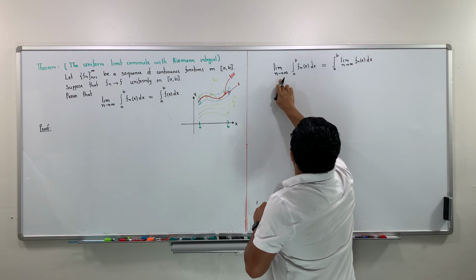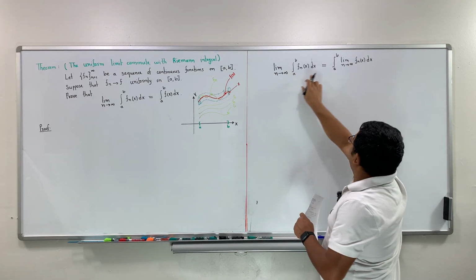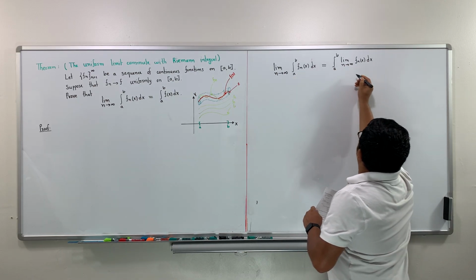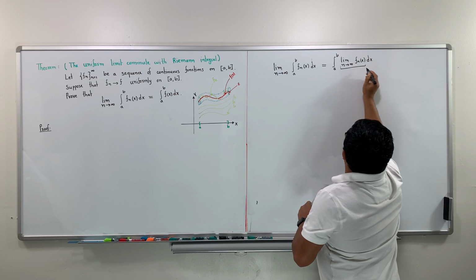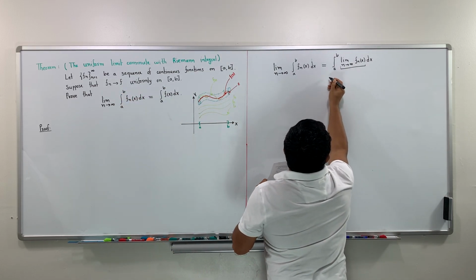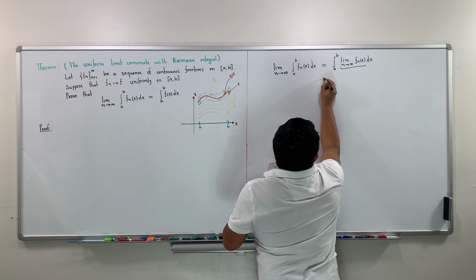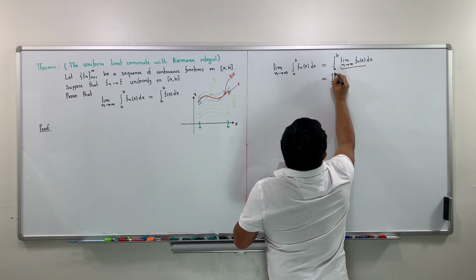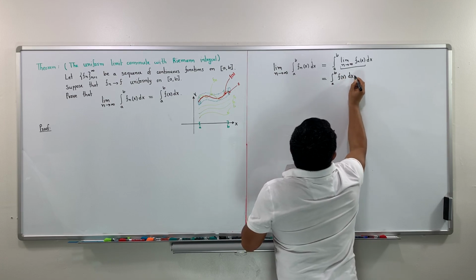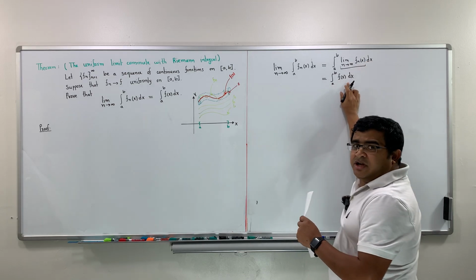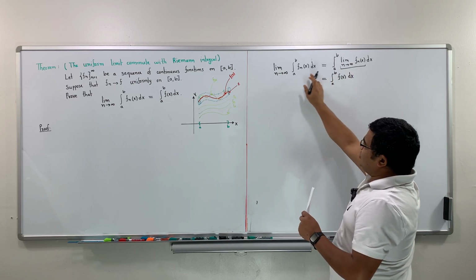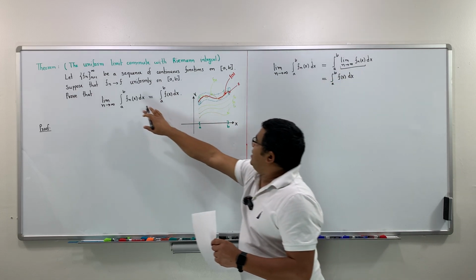That means the limit and the integral commute. Since f_n converges to f uniformly, this means the integral from a to b of f(x) dx. So we need to prove this one equals that one here.